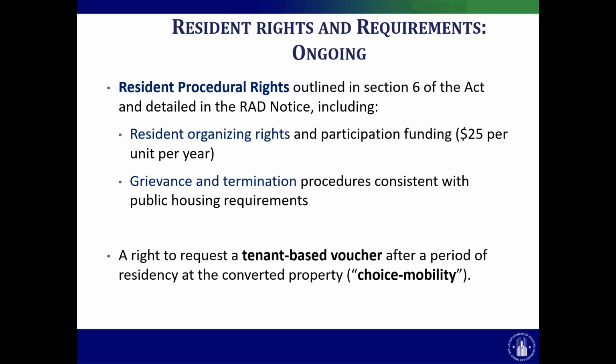One, ensures residents have an ongoing right to organize and receive resident participation funding, which is valued at $25 per unit per year, which comes from charged property expenses, and provides residents certain grievance and termination procedures consistent with what they enjoyed under public housing requirements.